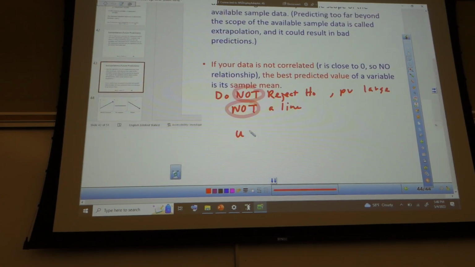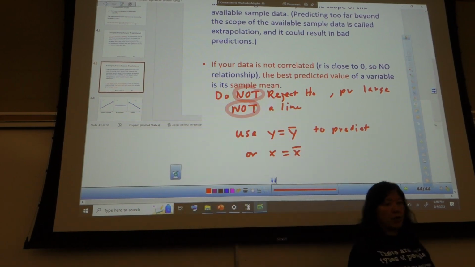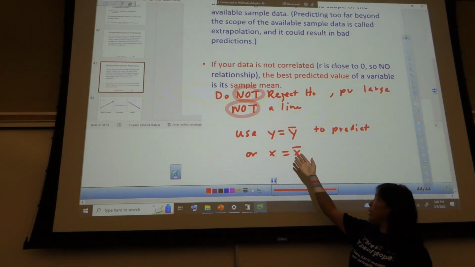Instead, use y bar, y equals y bar, to predict, or x equals x bar if you're trying to predict x. Right? If I'm trying to predict shoe size, I'd use the average shoe size. If I'm trying to predict what the grade would be, I use the average grade.